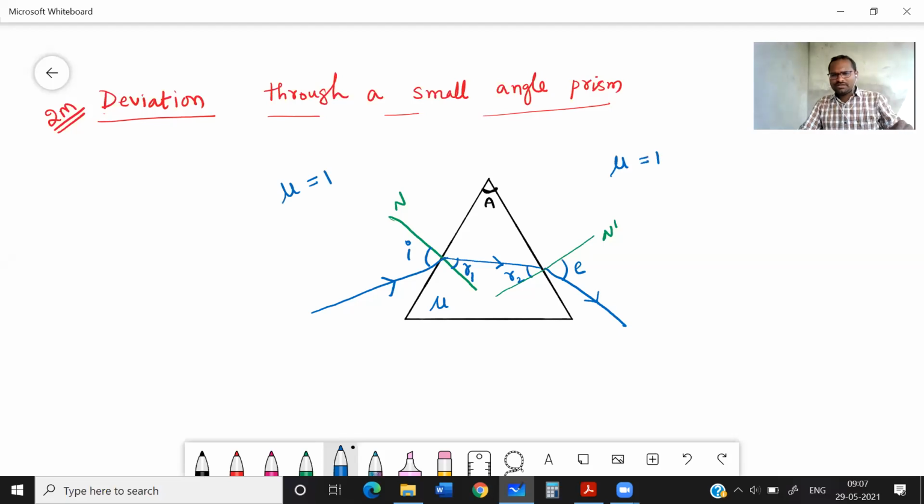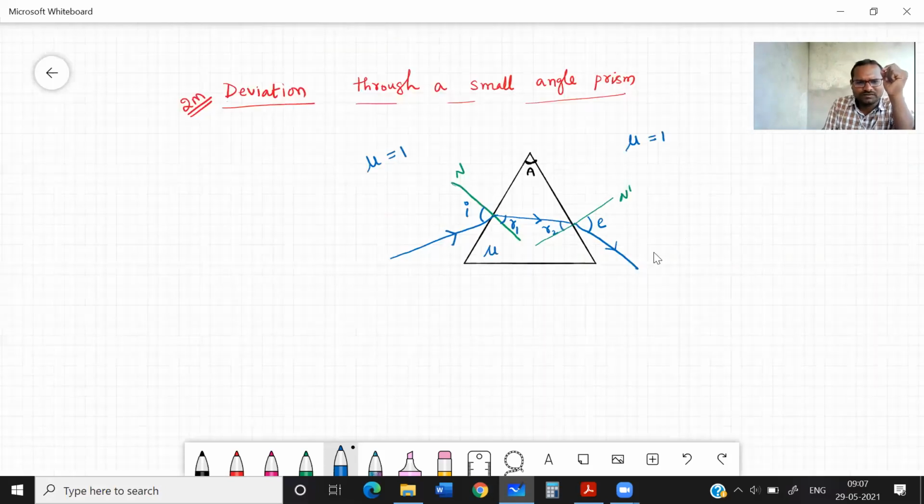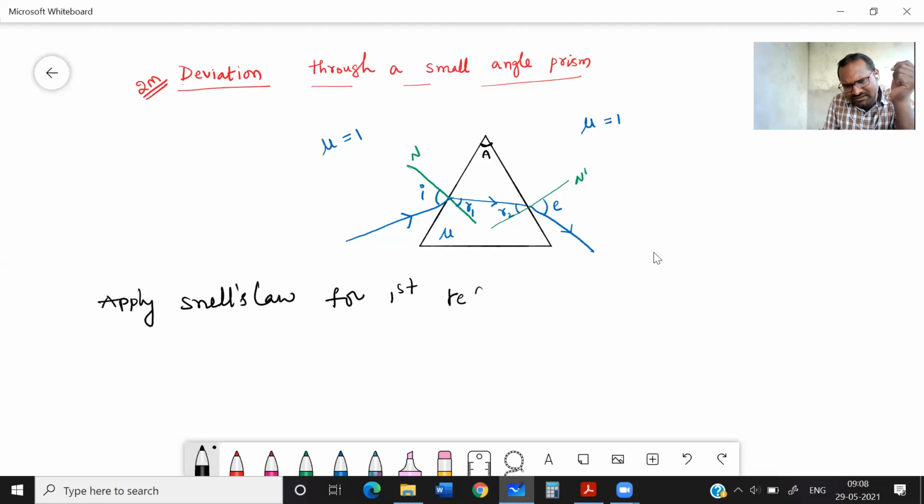Now we are going to derive the angle of minimum deviation for a small angle prism. Yes. Now see students, apply Snell's law for the first refracting surface.